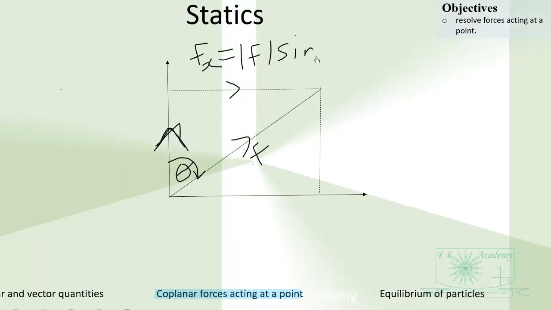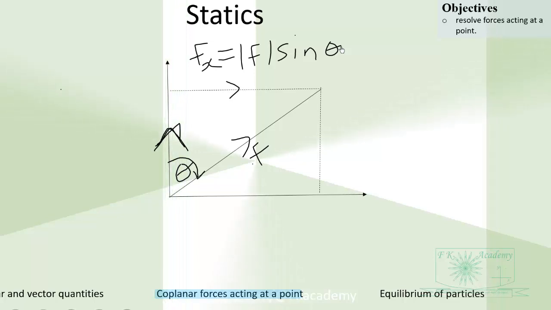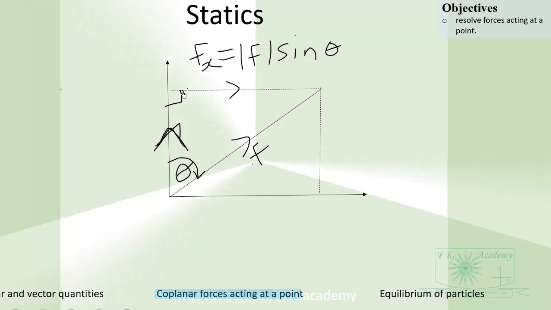How do we get that? Because by trigonometry, sine theta will be equal to F sub x over magnitude of F, which is the hypotenuse. So this will be the right angle here. So that will give us the horizontal component of the force will be magnitude of F sine theta.